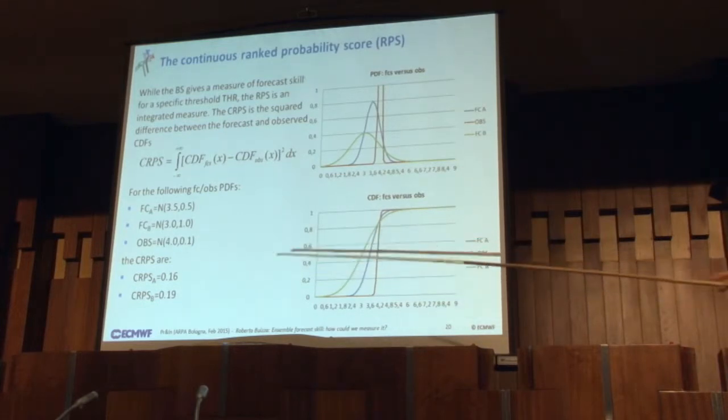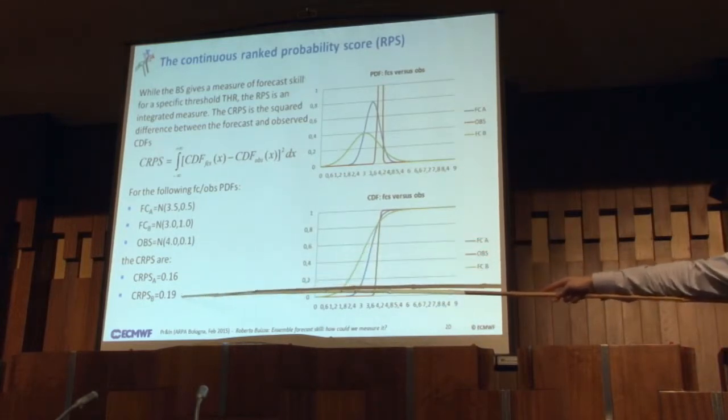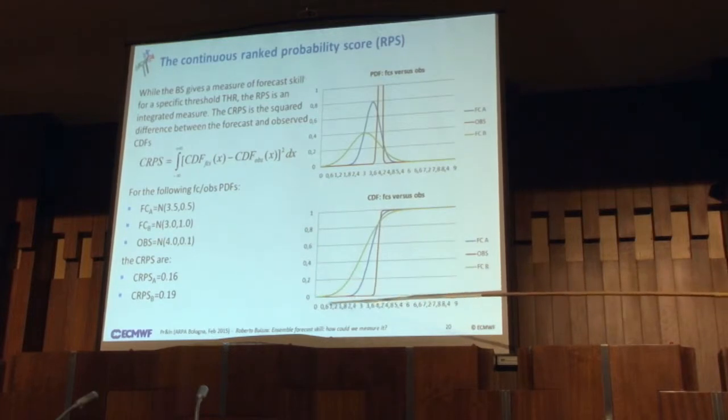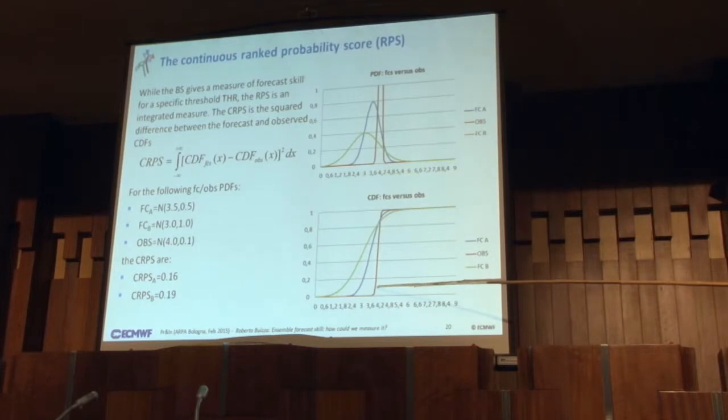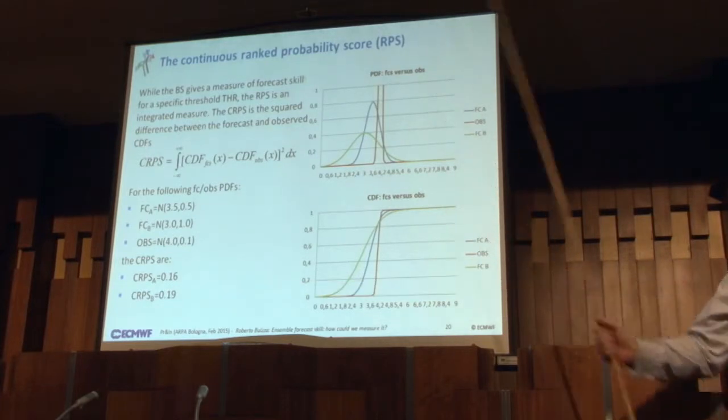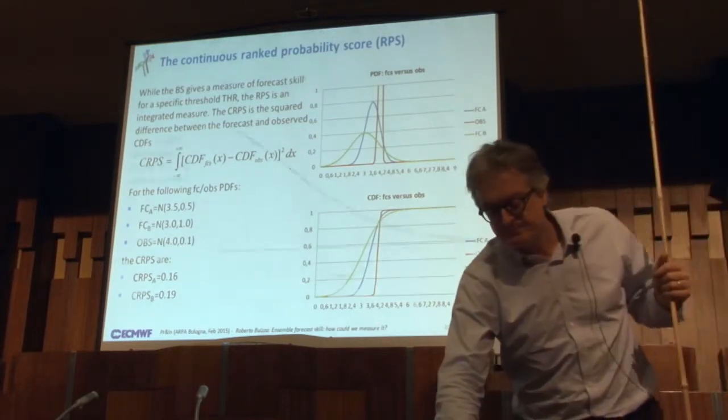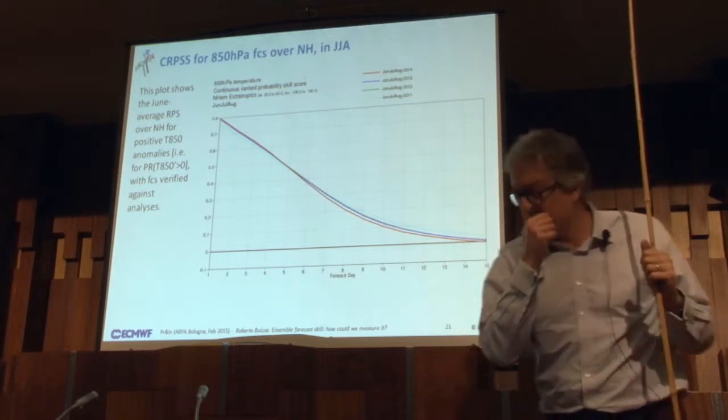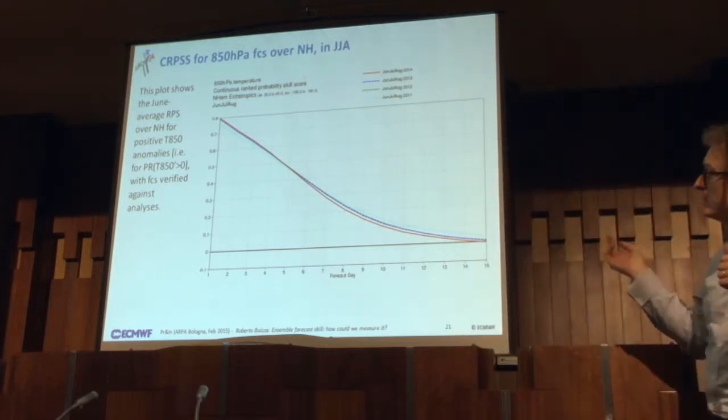In this case, for example, the B distribution, which is farther away from the observation, both in terms of mean and spread, has a worse, larger error. And this is how our ensemble looks.